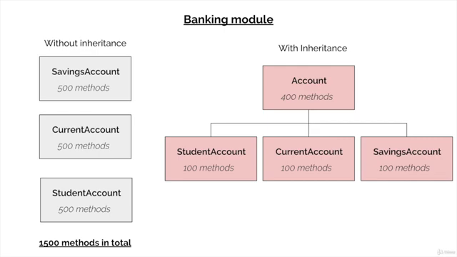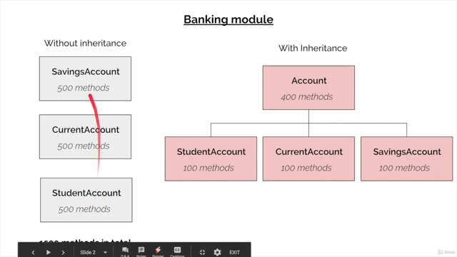Now this also makes sure that you are not rewriting the code again and again. So in this particular method over here, you have to write the withdraw function in savings account, you have to write the withdraw function in current account, you have to write the withdraw function in student account. So all three places you have to write the withdraw function.